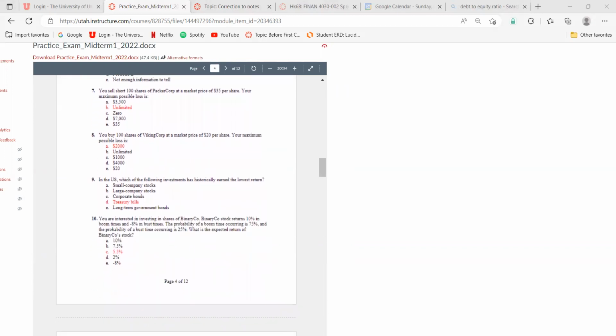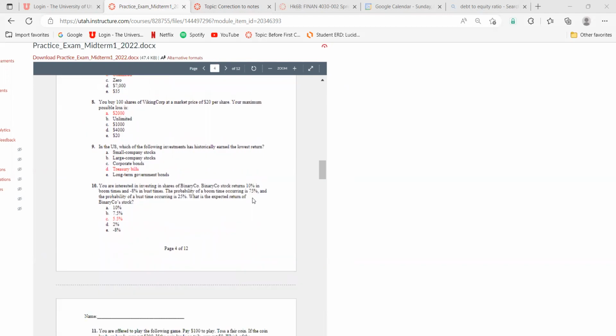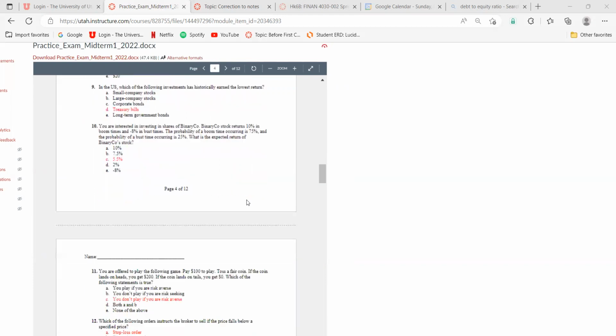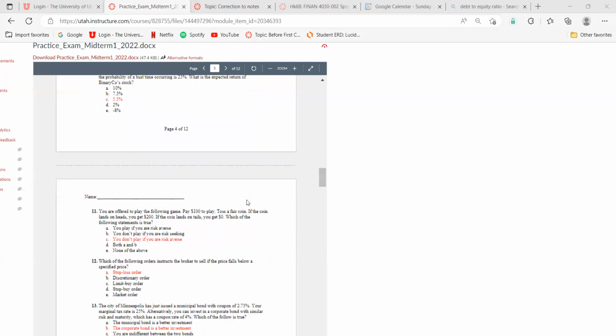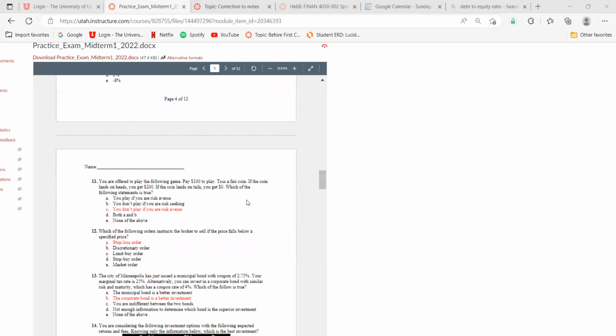Another quick one, it's about taxation. Is it going to ask us about the different types of taxes for bonds and mutual funds and stuff?